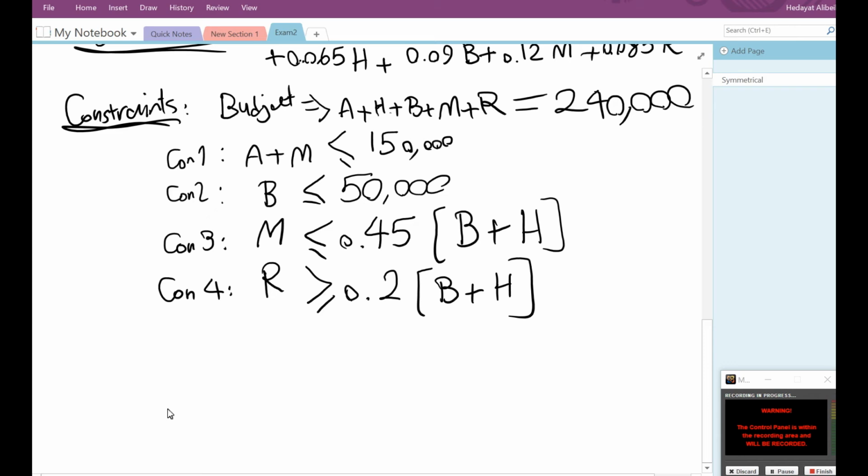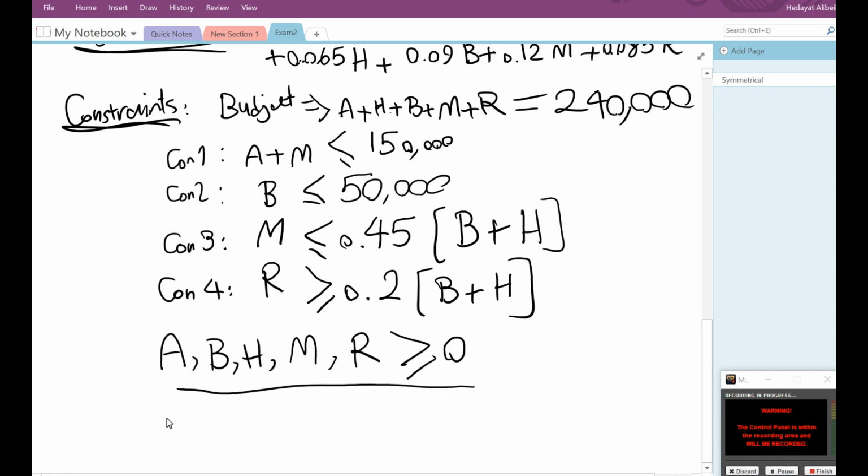And then we know that A, B, H, M, and R should all be non-negative. They cannot take negative numbers. The amount of investment in an industry cannot be negative.